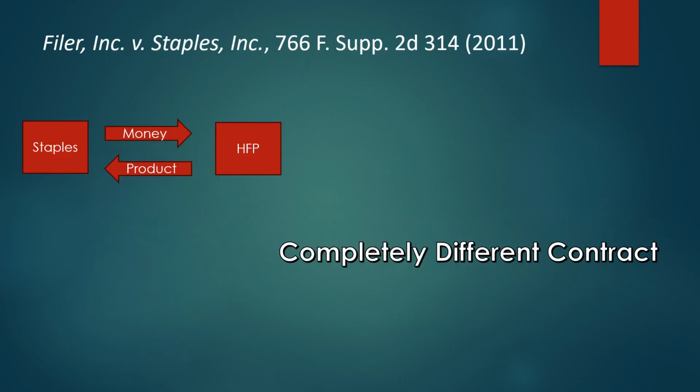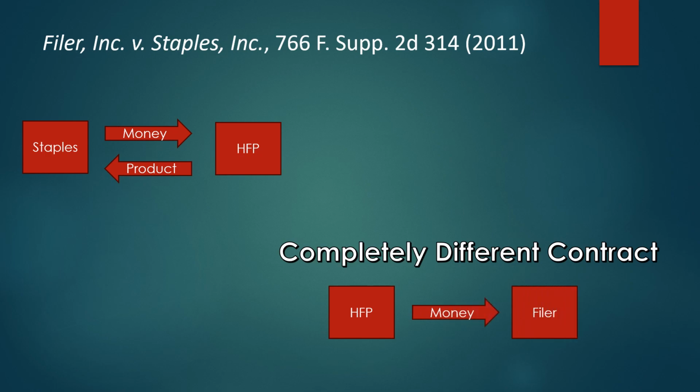So I want to talk about a case. We have Filer versus Staples Inc. Staples was paying HFP money for a product to produce some supplies. Okay, they have their separate contract. In a completely different contract, HFP owes money to Filer.